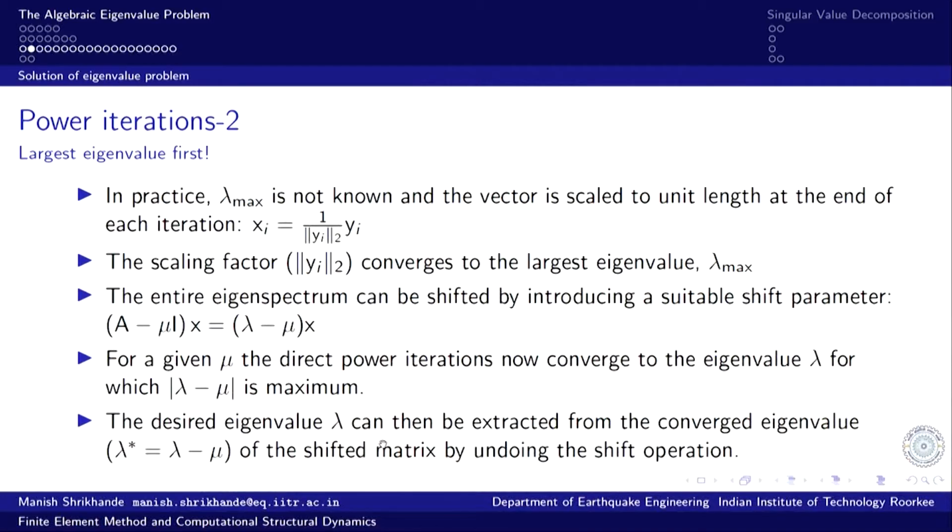And the desired eigenvalue lambda can then be extracted from the computed converged eigenvalue lambda star, which is equal to lambda minus mu of the shifted matrix, by undoing the shift operation. So, lambda is equal to lambda star plus mu, and once we obtain lambda, then we can again go back to A minus lambda I and find the corresponding eigenvector for this computed eigenvalue.